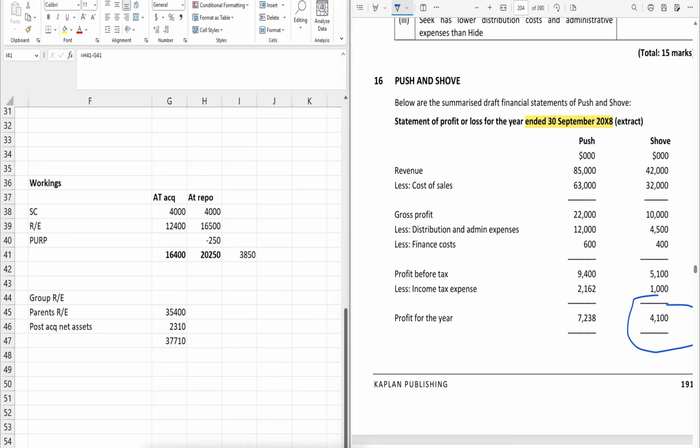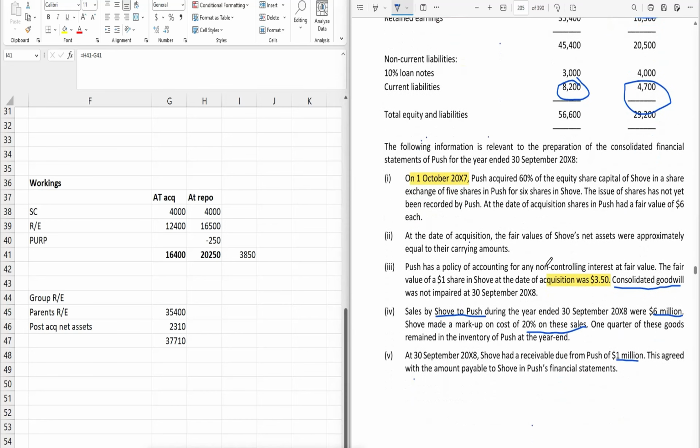So we need to add line by line, but again, there are a few things you need to consider, especially regarding the PUP and the goods sold adjustment. So revenue will no doubt be 85,000 plus 42,000, but there should be an adjustment for the intra-group transaction, which is 6,000. So they have sold the goods.